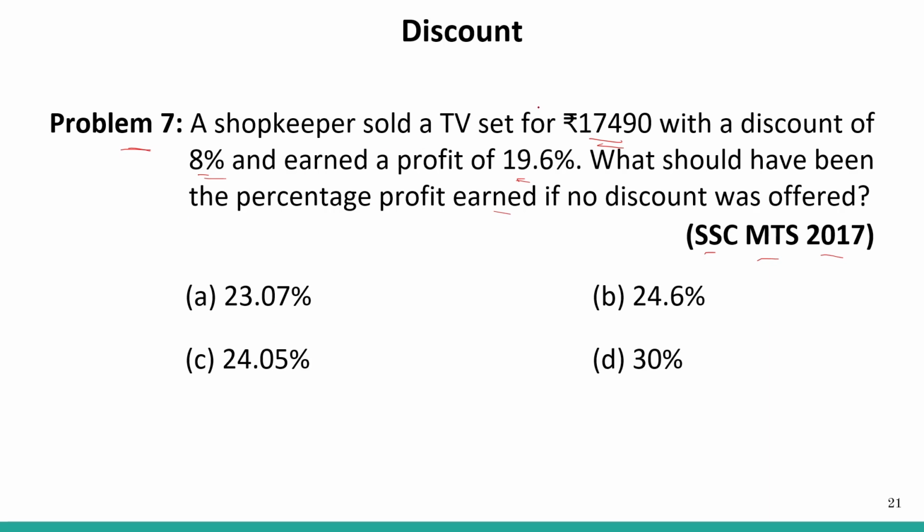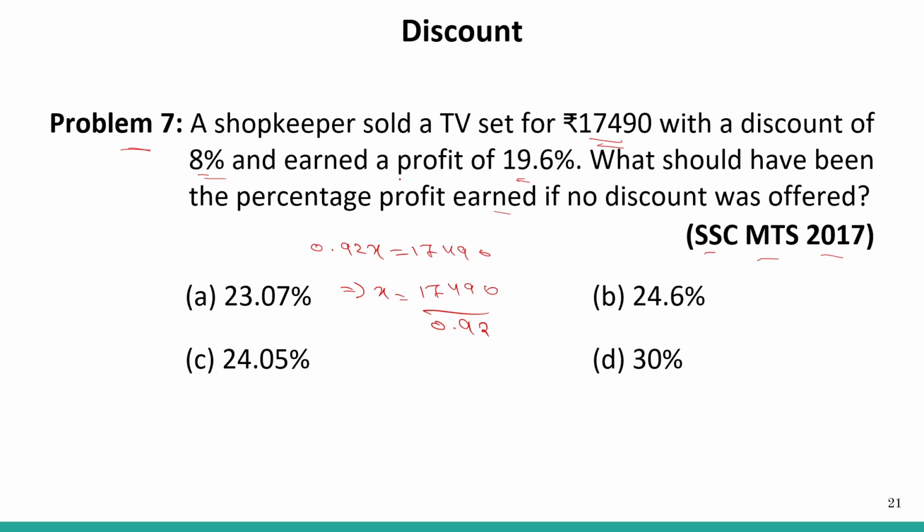So it tells us that he sold it for this much amount with a discount of 8%. So the MRP will be what? Given that 0.92x is equal to 17,490, this implies that x is equal to 17,490 by 0.92. Okay, this much amount.